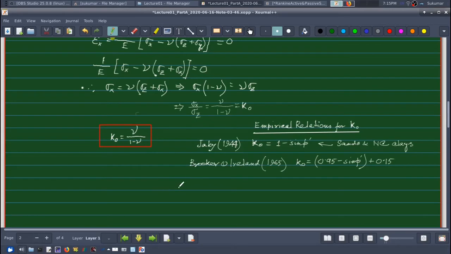Then for clays, Alpan gave another relation, Alpan in 1967.